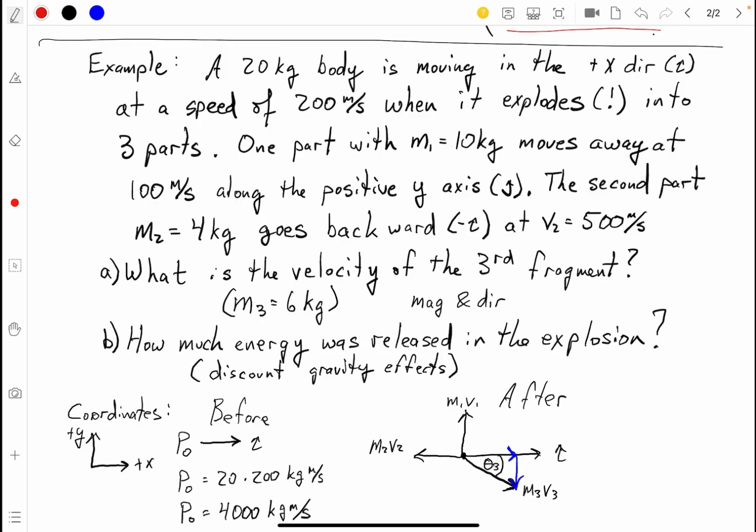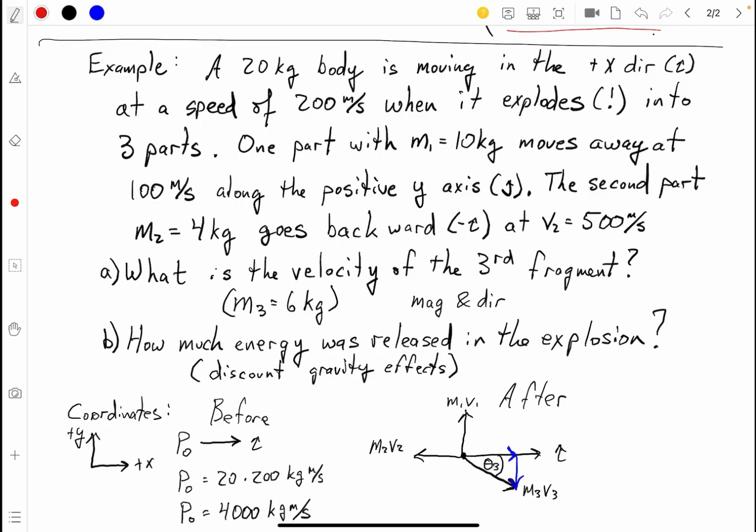So the whole question is, what is the velocity of the third fragment? All right, and that third fragment has to weigh, if you add up the other things, 4 plus 10 is 14, so that means if it was 20 in the original, we're not going to destroy mass, so that leaves us with 6 kilograms. So m3 is 6 kilograms.